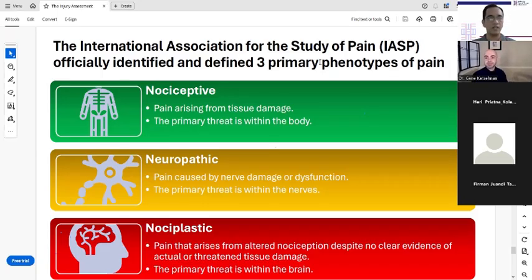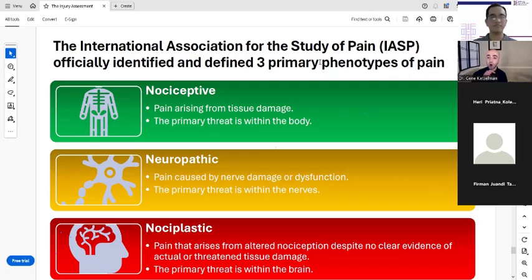This is one question from Kasit, one of the physiotherapists from Indonesia. Is psychogenic pain the same or similar to nociplastic pain? Psychogenic pain falls within nociplastic pain. If somebody has psychogenic pain, then that is a type of nociplastic pain.